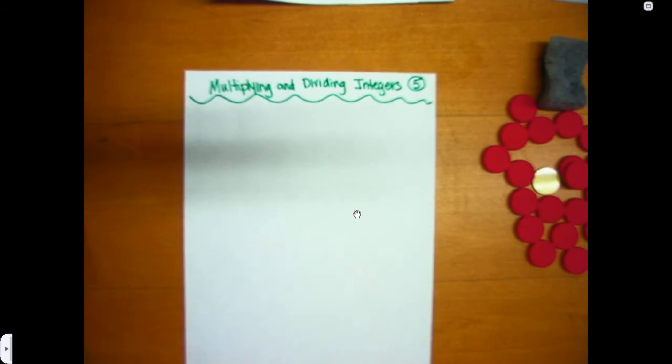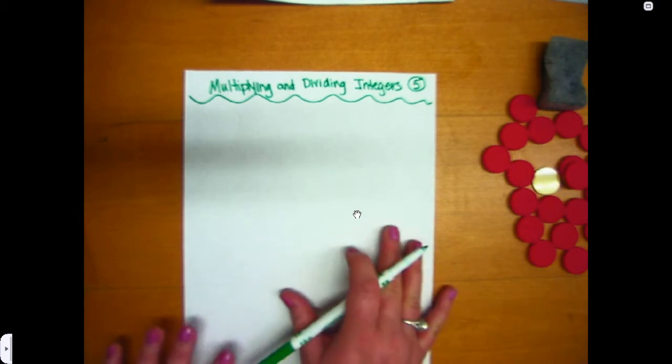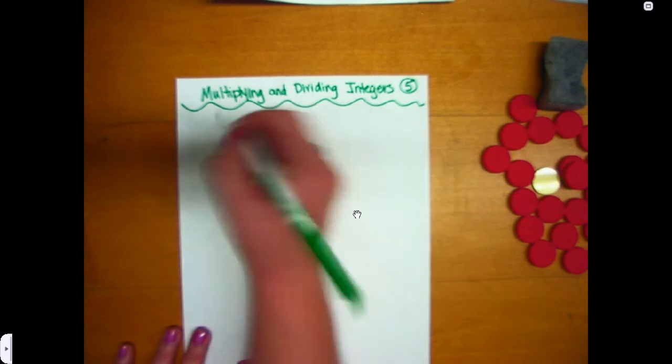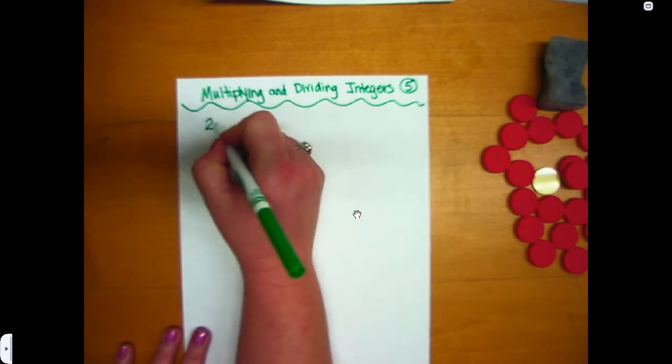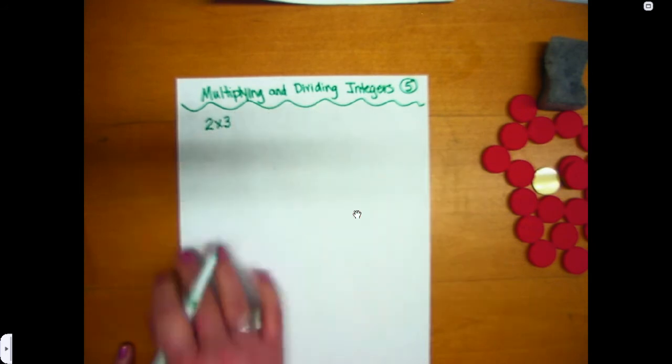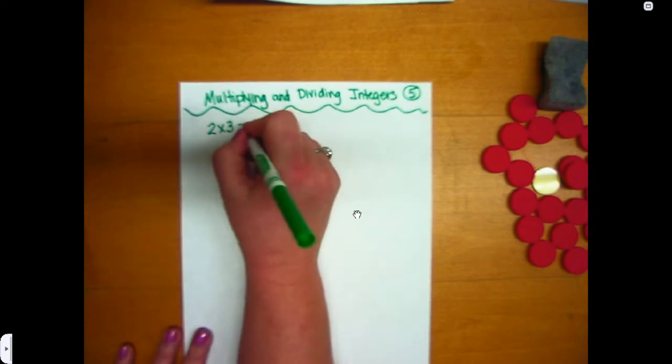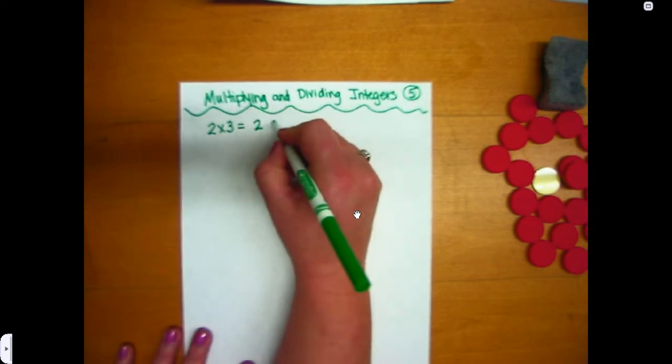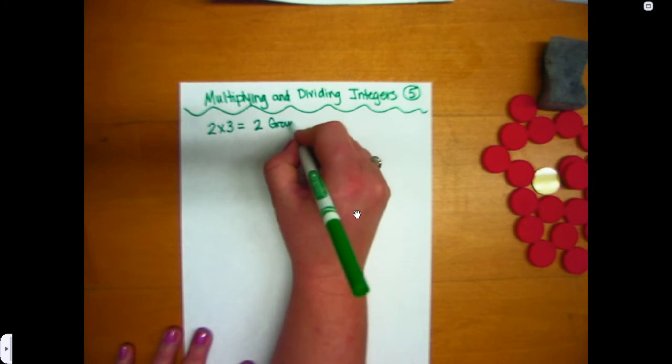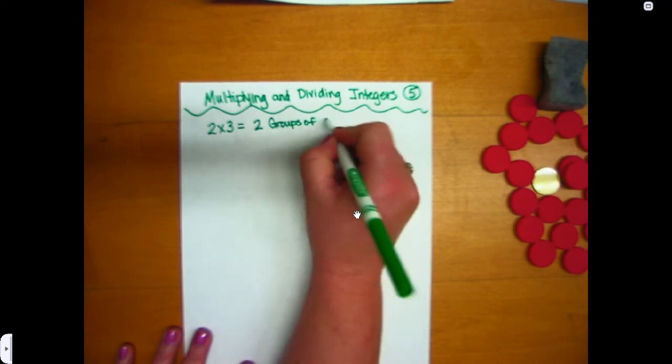So the first thing we're going to talk about is what exactly does multiplication mean? Why do we write that 2 times 3 out? And what does that mean? So if we have 2 times 3, this really means 2 groups of 3.